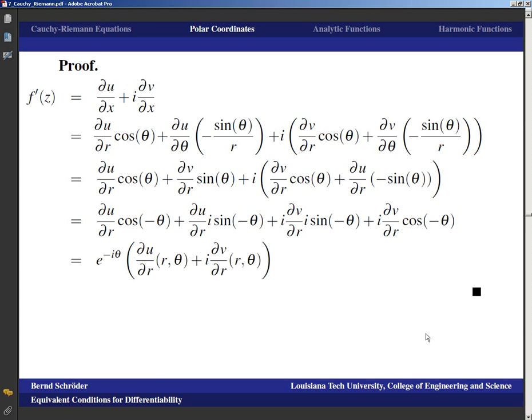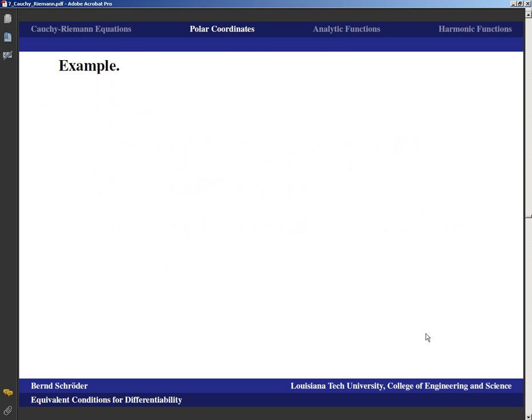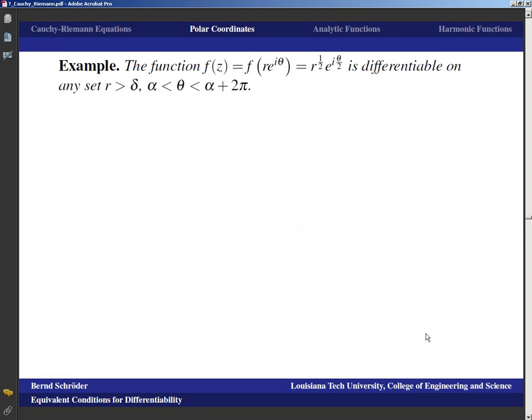All right, that was again quite demanding, but now note that we very quickly get out of that the square root function, as well as in the next example, the logarithm function, are differentiable on sets on which they're continuous. So the square root function r to the 1/2 e to the i theta half is differentiable on any set r greater than delta, where delta merely needs to be greater or equal than 0. I think that's something that I ought to insert there.